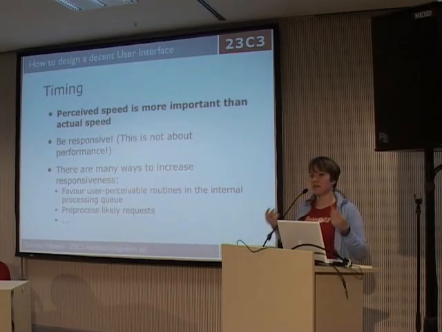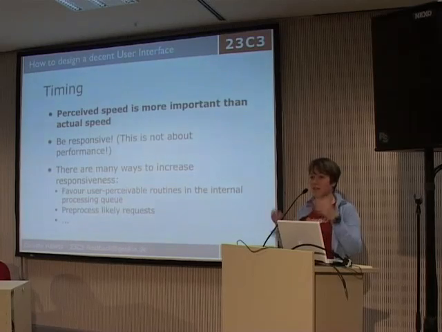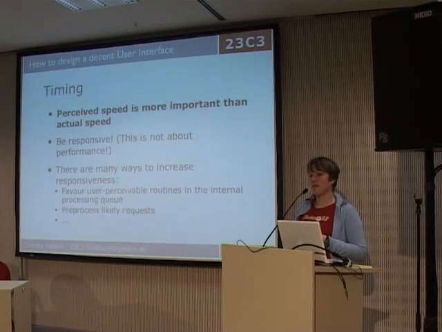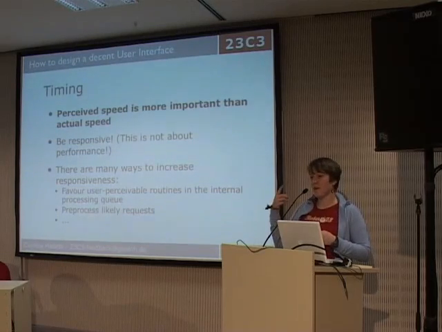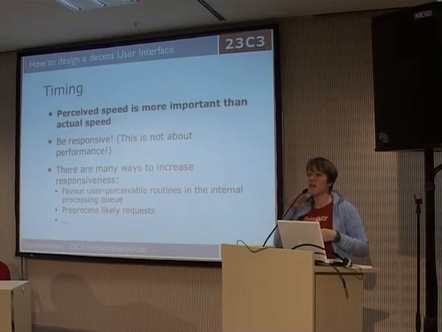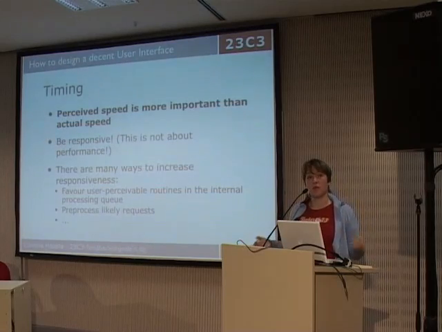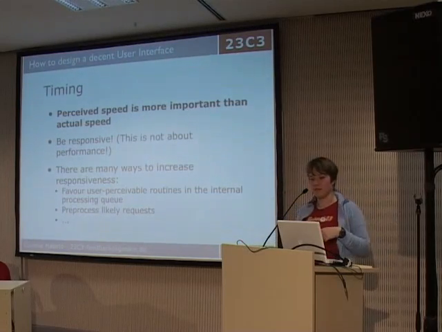Have you ever used SSH to write a text and it lagged and you typed and like 5 seconds later there your character appeared? It sucks. So, I mean, in SSH there's nothing you can do, but sometimes you can, and then you should. Or pre-process likely events. I mean, if there's like 3 things users can do, and A is always, in 90% of the cases, the one they want, and you can pre-process this and you're idle, oh, well, pre-process, and it will be like, woo, magic to the user.